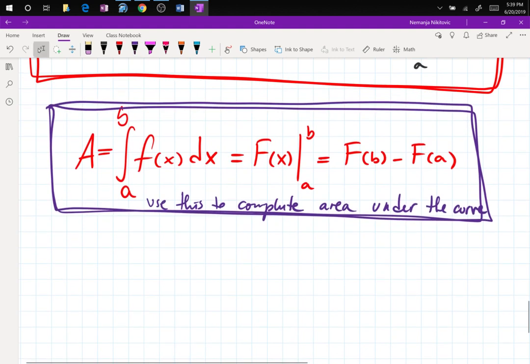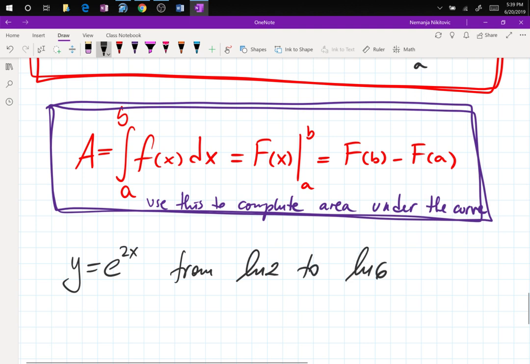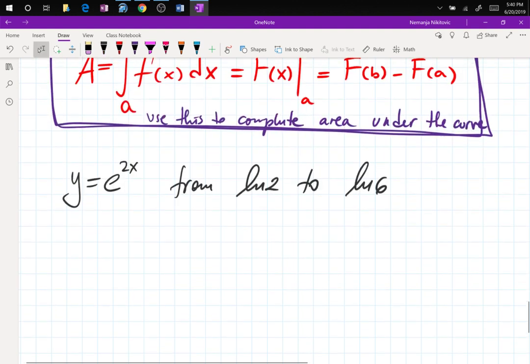Let's say you have function y equals e to the 2x from ln 2 to ln 6. So you know what to do. A equals integral ln 2 to ln 6. Those are your limits. ln 2 and ln 6 are numbers. Nothing special, right? And then you are supposed to integrate e to the 2x dx.